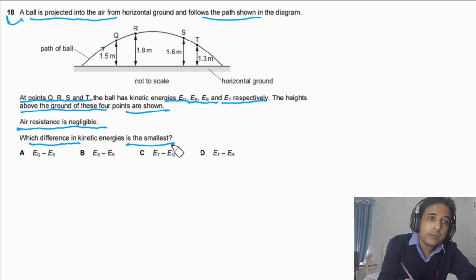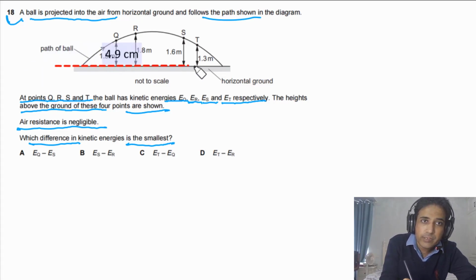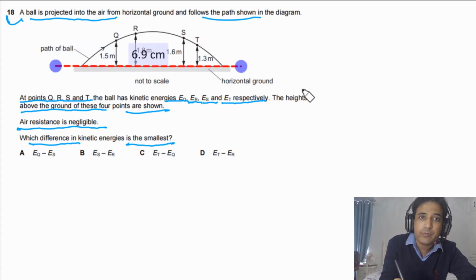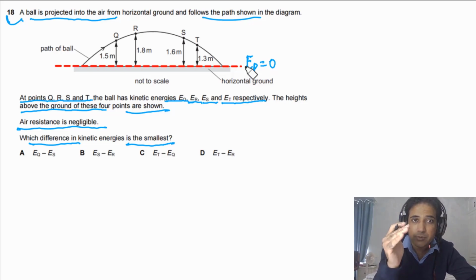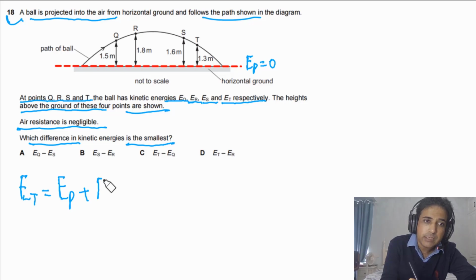So for this question, we take this line as our reference line. At this point the GPE, the gravitational potential energy, is equal to 0. So at any point above this one, E total is equal to EP, the potential energy, plus EK.